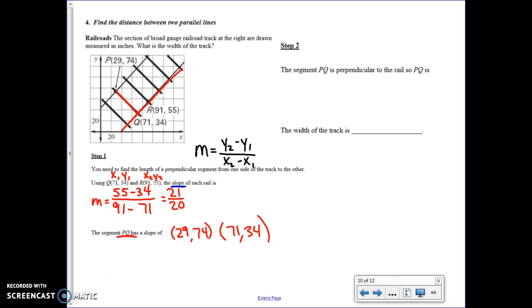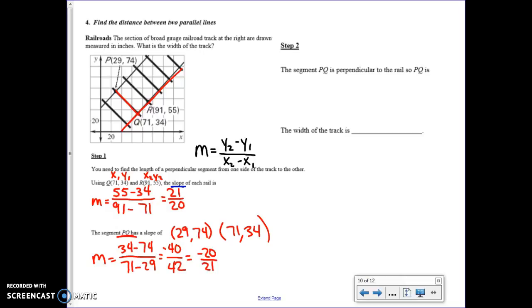So I'm again going to do y2, which is 34, minus y1, which is 74, over x2, which is 71, minus x1, which is 29. So 34 minus 74 gives me negative 40. And 71 minus 29 gives me 42. This one will reduce, and I end up with negative 20 over 21.